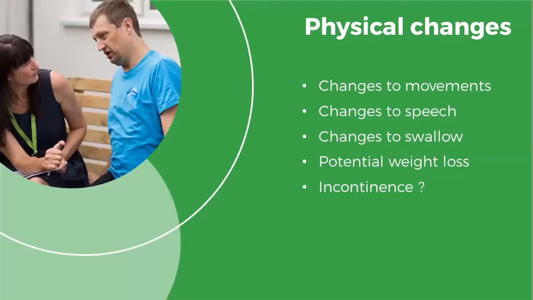So when we talk about the physical changes, the first thing that we often notice about people is the change to movements. So it's the involuntary movements that we notice, and those are the ones that people don't want to make, and those are known as chorea, and those movements are very much out of the individual's control. So as we said, everyone's different.